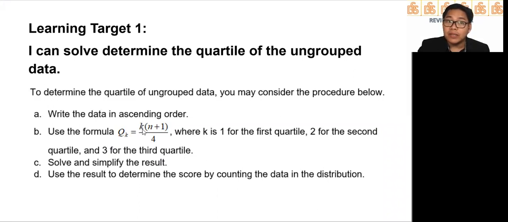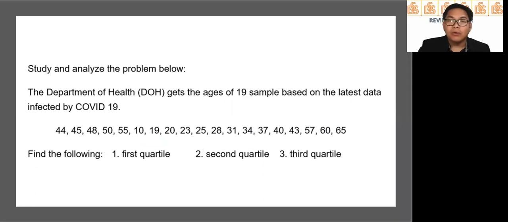All you have to do is replace K by 1 if you are looking for the first quartile, by 2 for the second quartile, and so on. Solve and simplify the result, and then use the result to determine the score by counting the data in the distribution.